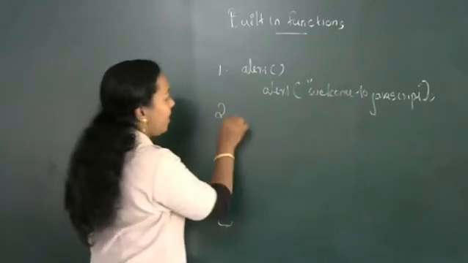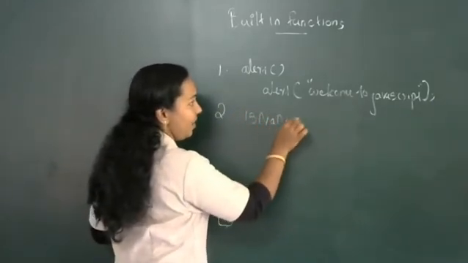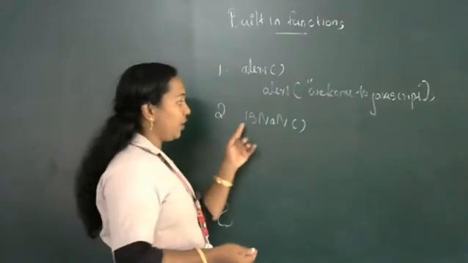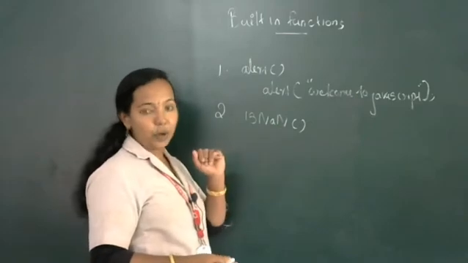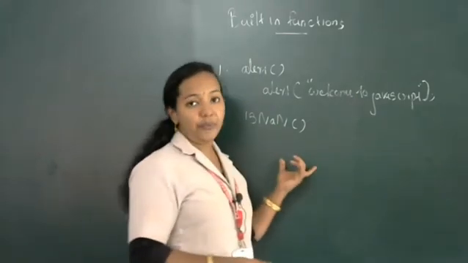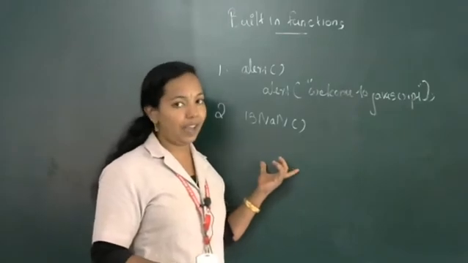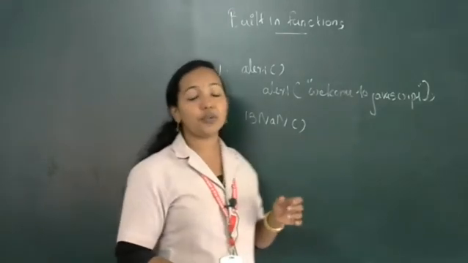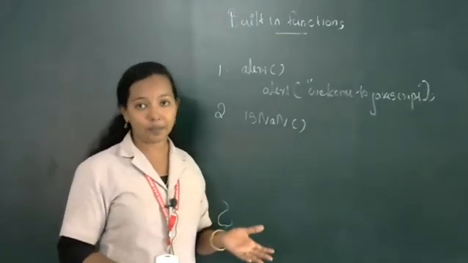Then the second built-in function is the isNaN function. Look here: N capital, and another N also capital. The isNaN function is a special built-in function. Actually, it is used for validation. The isNaN function is used to check whether the entered input is not a number.